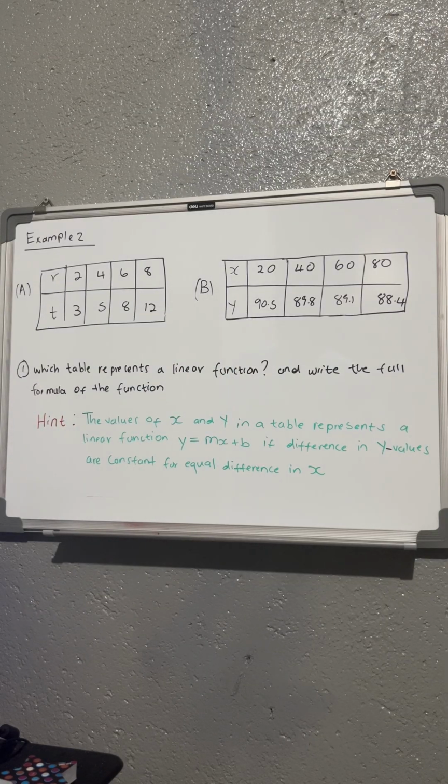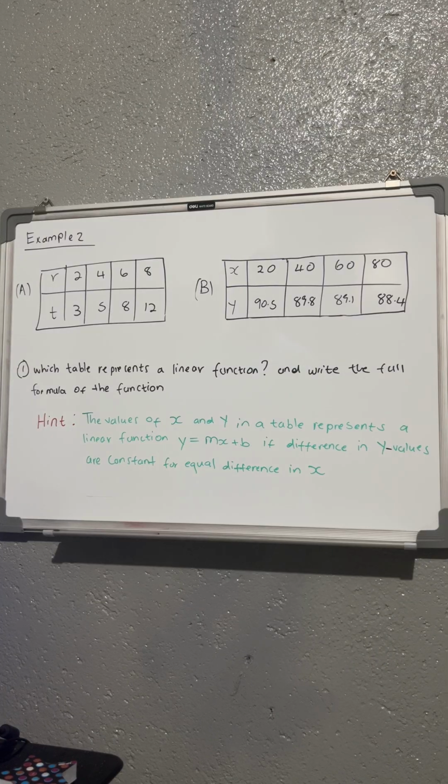You have to determine between table A and B which table represents a linear function, and also to write the full formula of the function. You can also do this in the comments, and here I've given you a hint that the values of x and y in a table represent a linear function y equals mx plus b if the difference in y values is constant for equal difference in x.